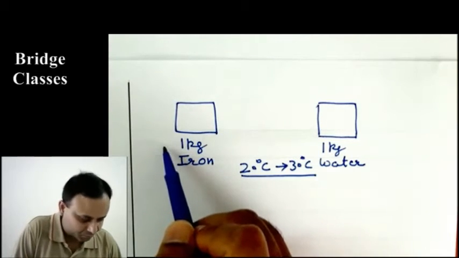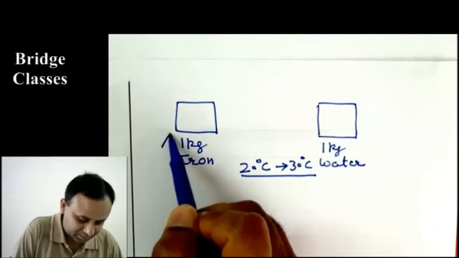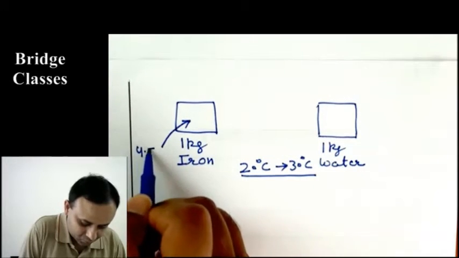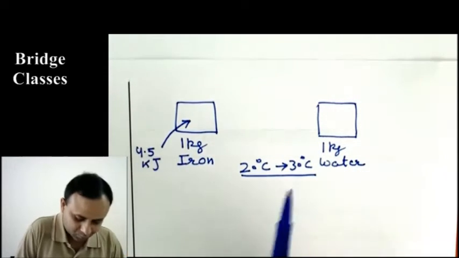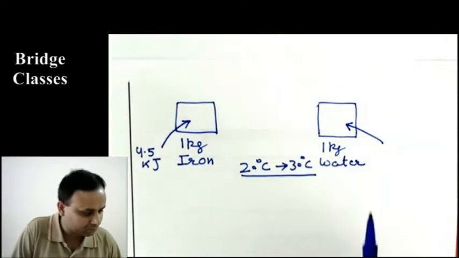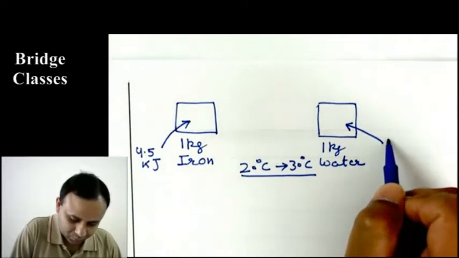It turns out that for iron, the amount of thermal energy we'll have to supply is 4.5 kilojoule to take it from 20 to 30 degrees C. And for water, it is around 42 kilojoule.